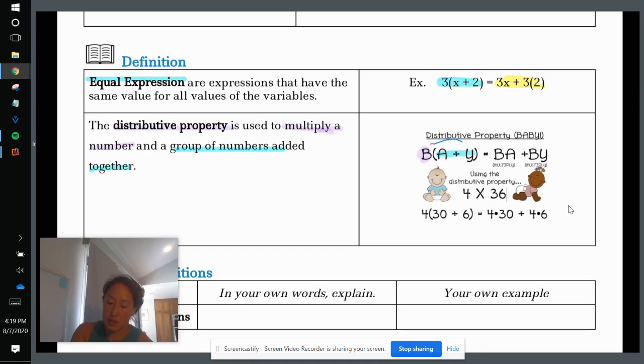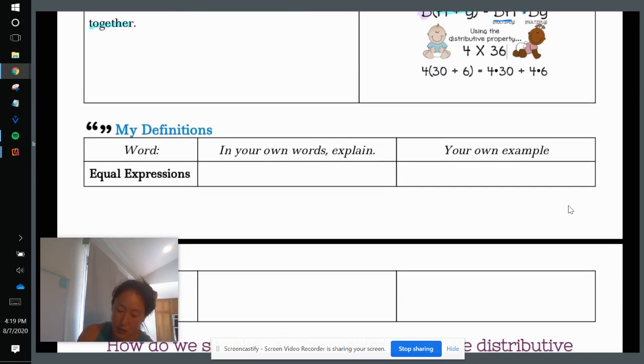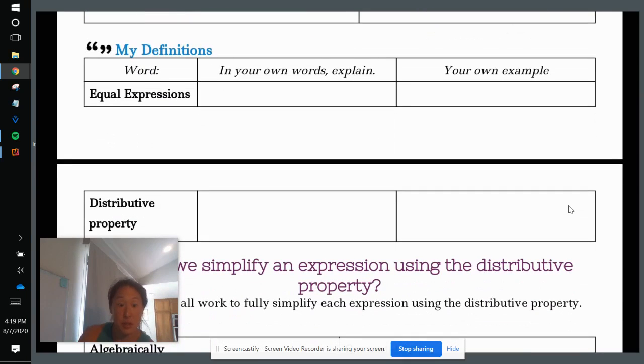We need to take the b and multiply it inside the parentheses so that it multiplies by both numbers on the inside. So we get b times a, plus b times positive y. Don't forget to do your vocab in your own words. You can do it after the video.